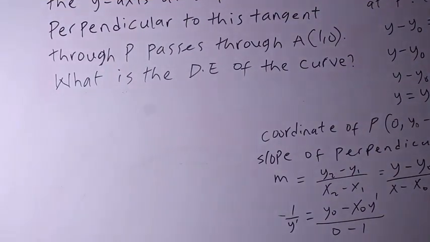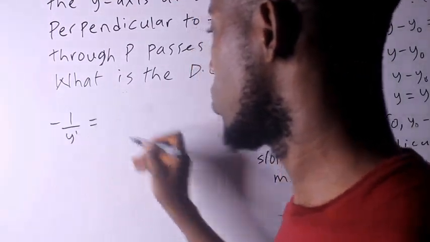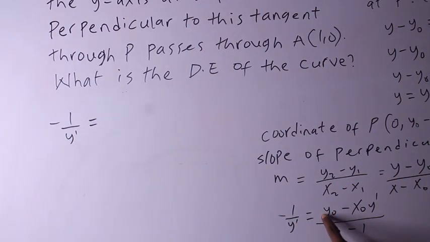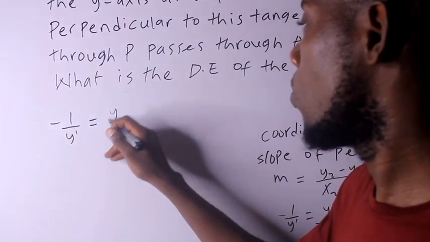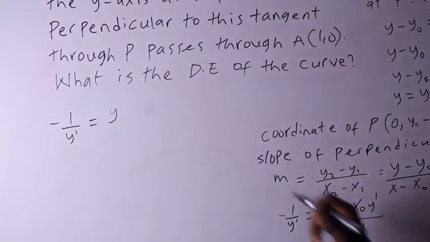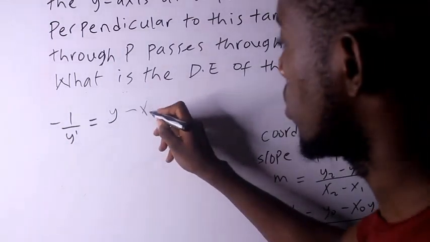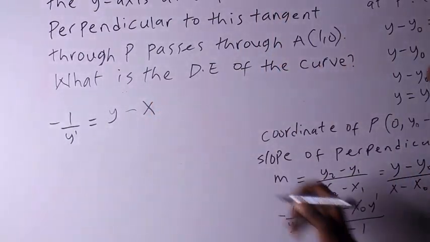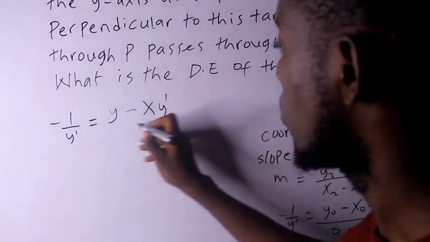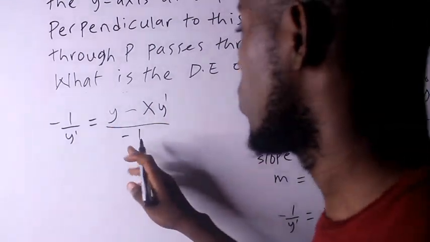Great. So once we have that, we can rewrite minus 1 over y prime is equal to, now this y naught is just a y value, so to find the differential equation of the curve, that will be just y. So y naught is just y, minus x naught is just x, times y prime, all divided by 0 minus 1, which is negative 1. So we can go and cross multiply.